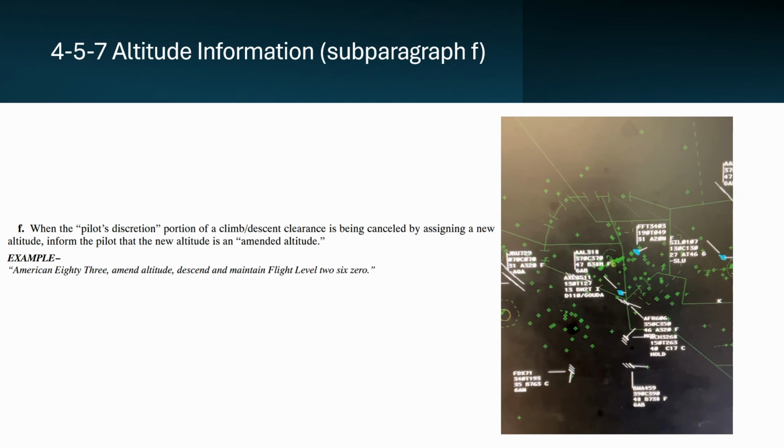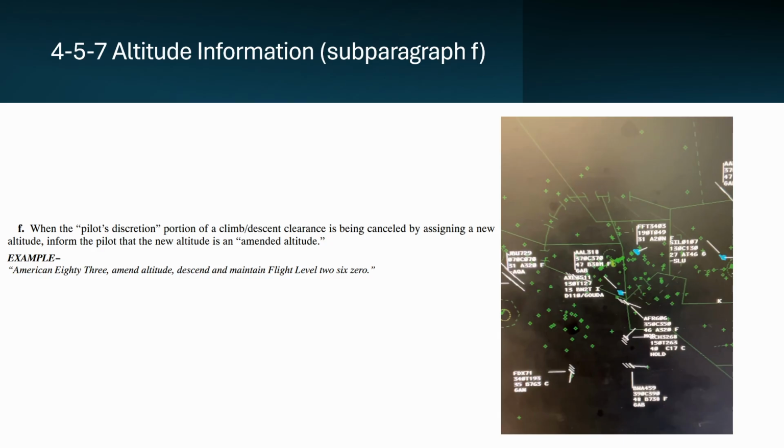But if you find your way down to subparagraph F, we will discuss what we're going to get into. It's worth a whole read because there are a lot of good examples there and lots of tools in the toolbox to help you resolve conflicts or to make efficient use of your airspace.